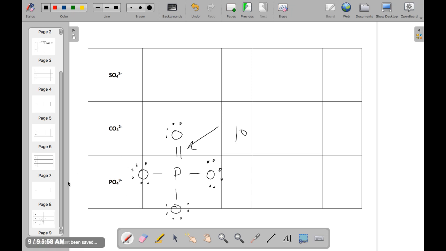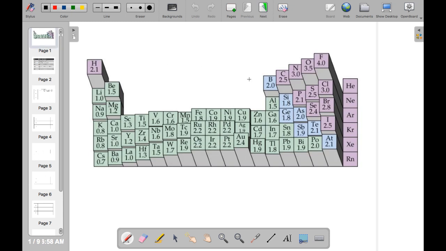Well, I put this in here because I wanted to point out one thing. If we look at phosphorus, see how this is period 3 here? 1, 2, 3. Phosphorus, sulfur, silicon, these elements over here can actually have an expanded octet. They can go up to 10 or 12 sometimes.